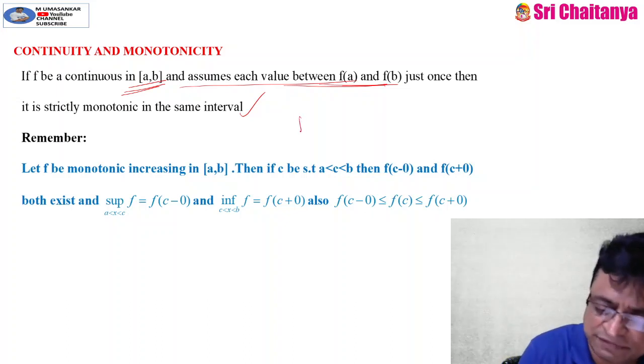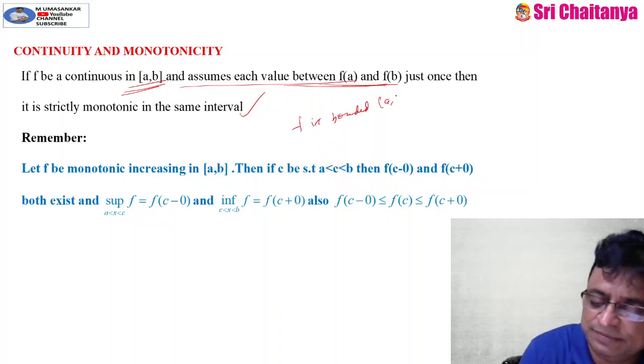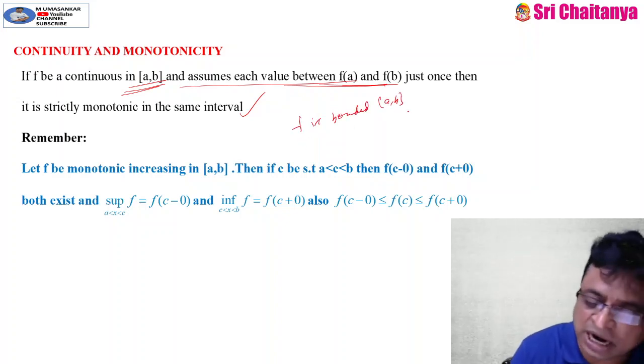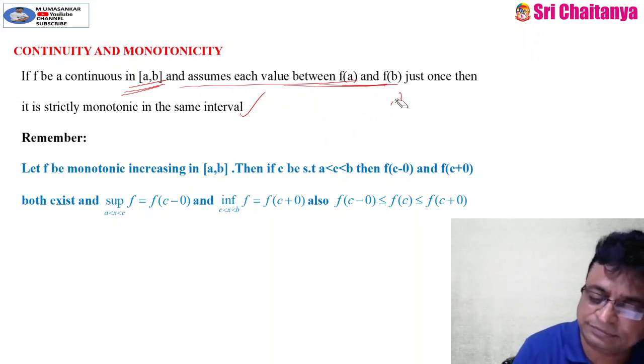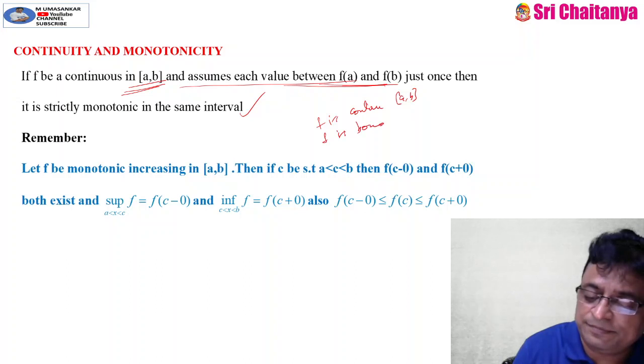Once again, if f is continuous in closed interval AB, then f is bounded in closed interval AB and attains its bounds at least once.